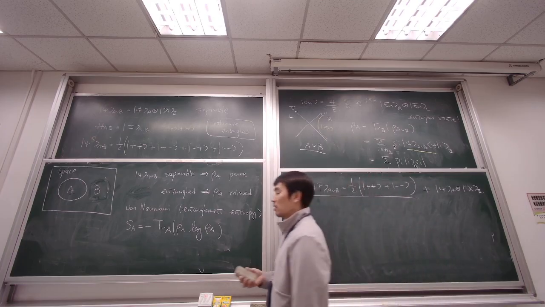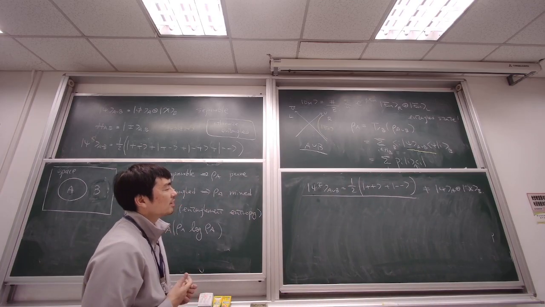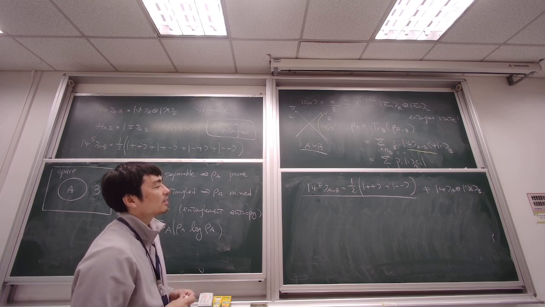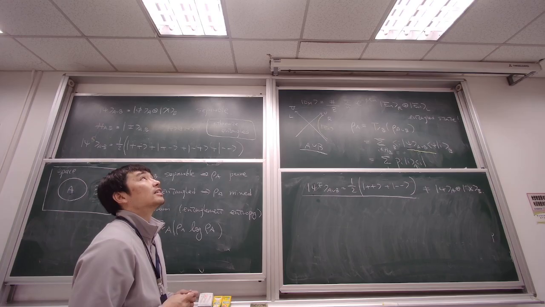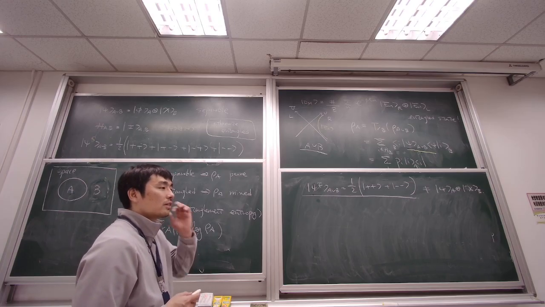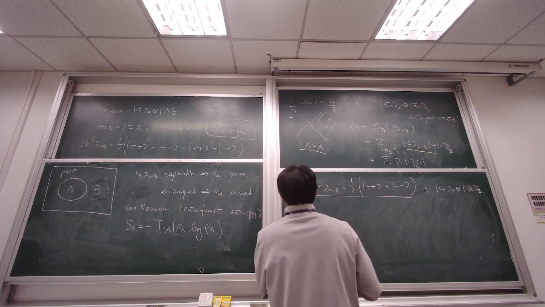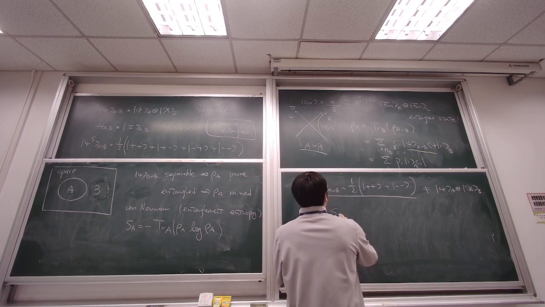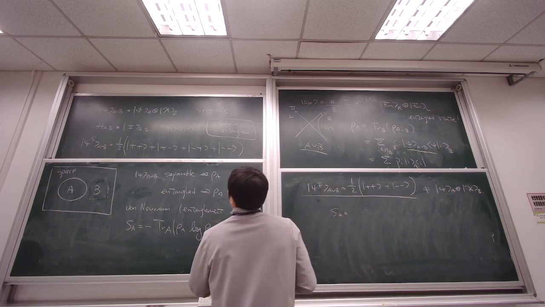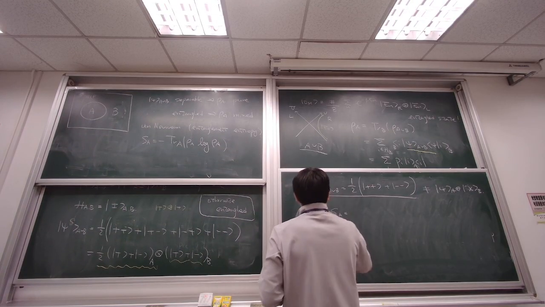I think I need a proper normalization, so can I put the square root 2 over there? Okay, let's consider S_A for a pure state, for instance.